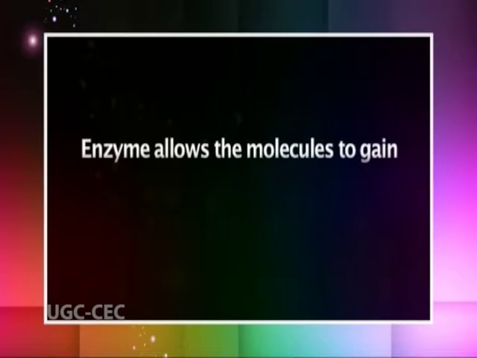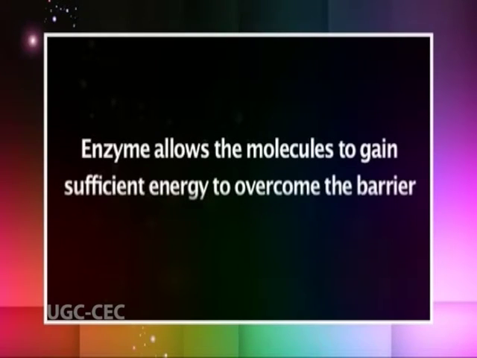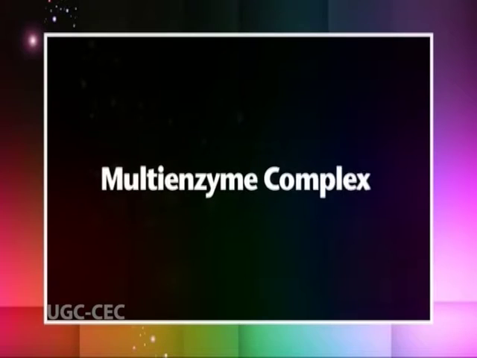If the two molecules do not have enough energy to react, then no product is produced. By lowering the activation energy, an enzyme allows the molecules to gain sufficient energy to overcome the barrier and form products. Now let's talk about multi-enzyme complex.